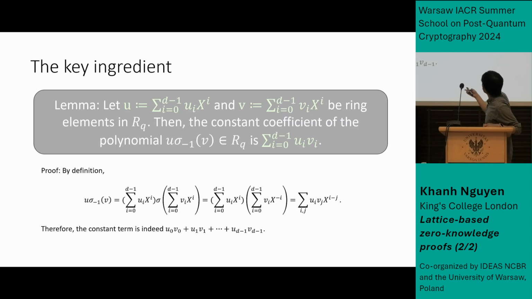If I multiply all these things, I have the sum over i, j of u_i v_j x^(i-j). Now if we're interested in the constant term, you can see that the constant term is indeed u_0 v_0 + u_1 v_1, and so on. So that's the inner product that we're interested in. Any questions so far?